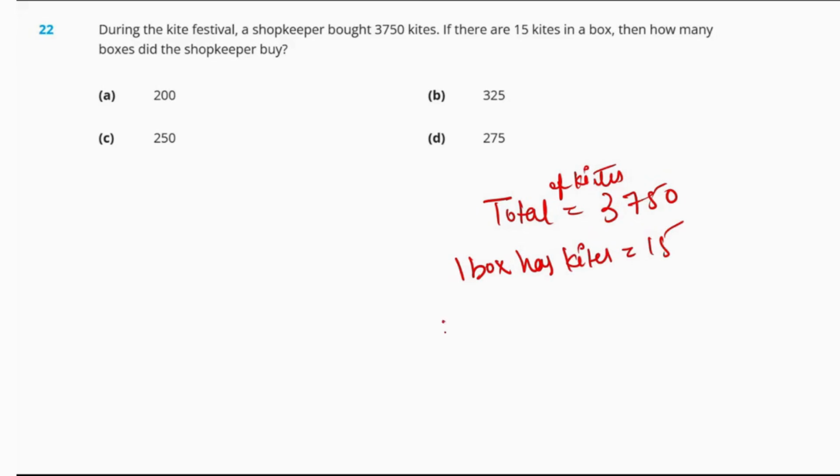So now we have to find out the number of boxes, that how many boxes will be required, right? So for doing so, what we will do is we will divide this 3,750 by 15. So now if we do so, our answer will be 250. Okay, so the right answer to this will be 250. That is option C.